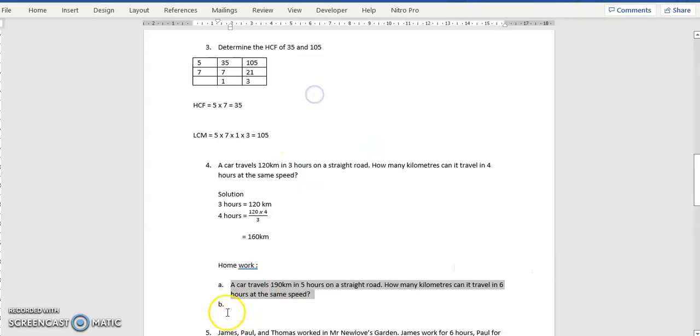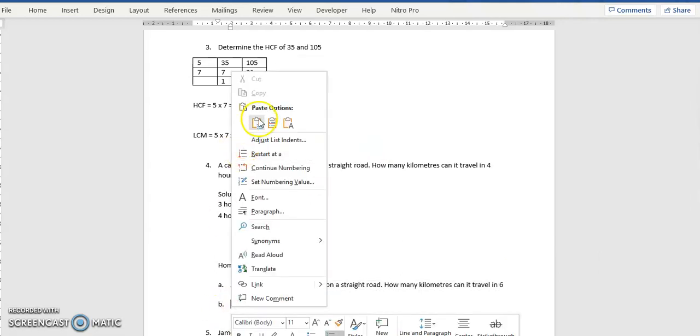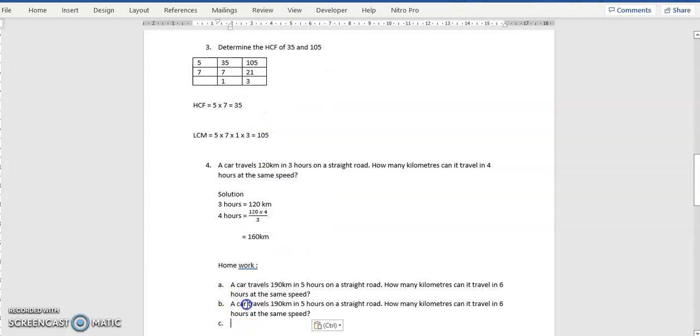Now, the same thing. If it's not a car, it's a motorbike. Let me make this one 210. 6. And I'm making this one 8.